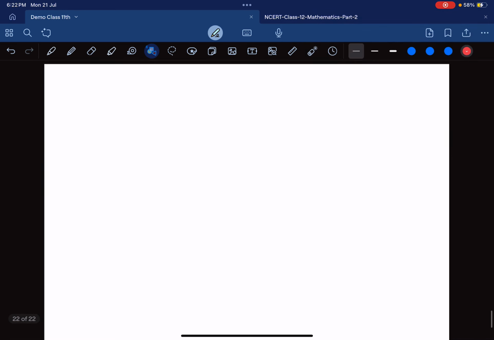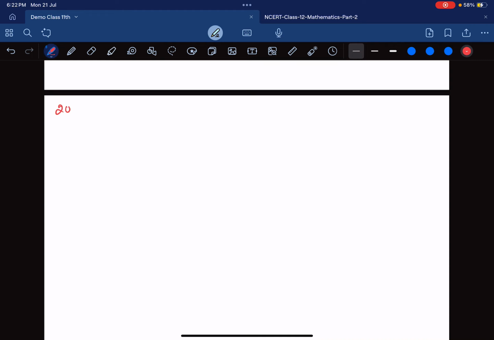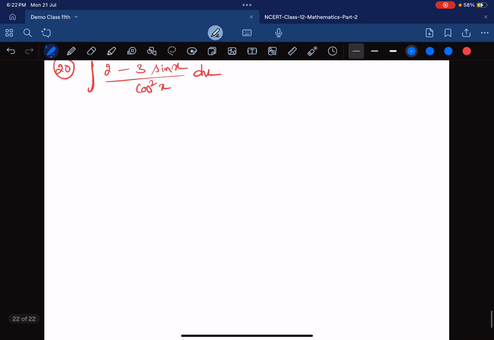Now the 20th problem: integration of 2 minus 3 sin x by cos square x dx. Here also make that function separate.